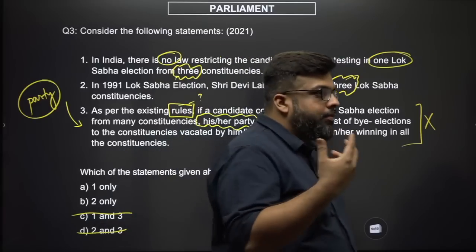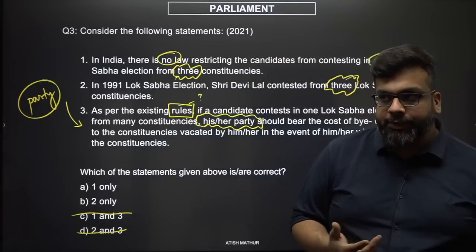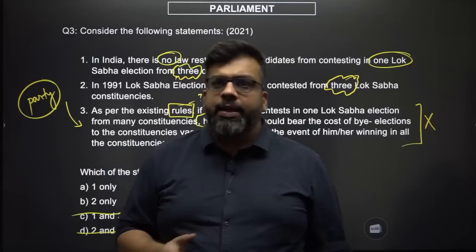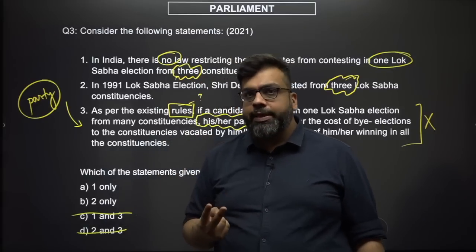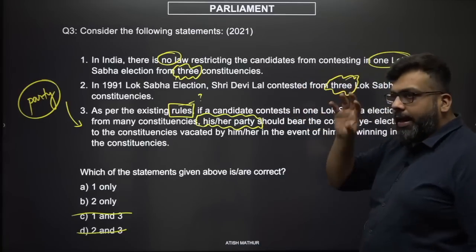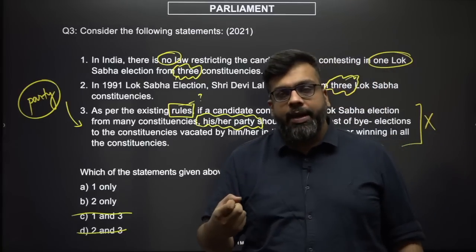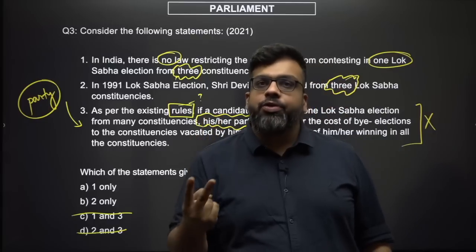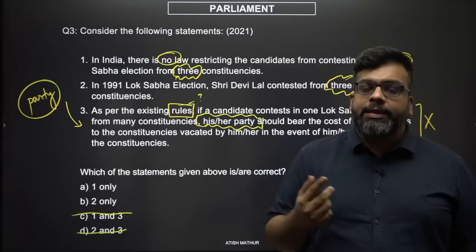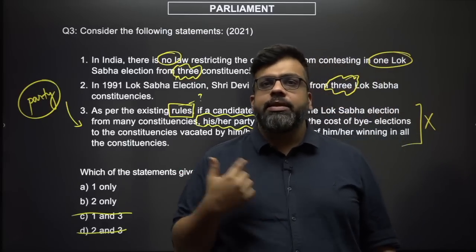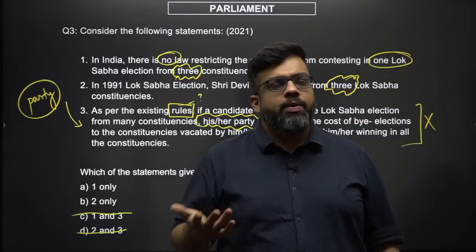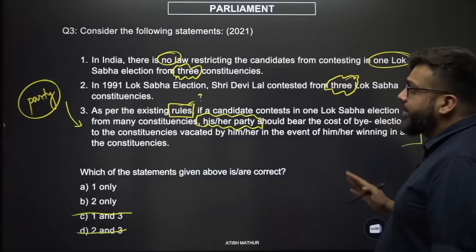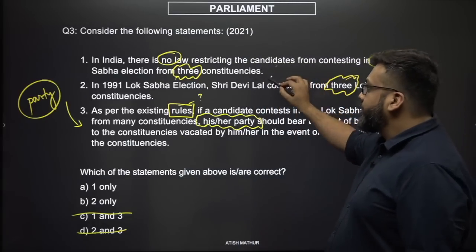Think about, say, where did Rahul Gandhi fight elections from, or where did Narendra Modi fight elections from? They've usually fought elections from 2 places, which means that if you have to take an educated guess, you know that a candidate can contest from a maximum of 2 constituencies. If it's a Lok Sabha election, from any 2 constituencies all across the country without any residency or domicile requirement. So this means this definitely seems to be wrong.